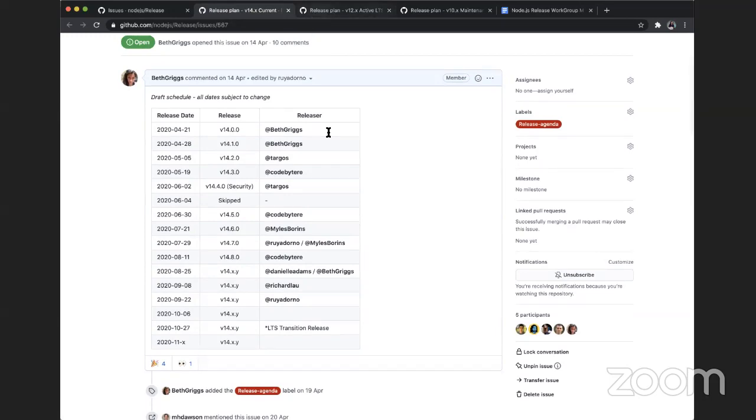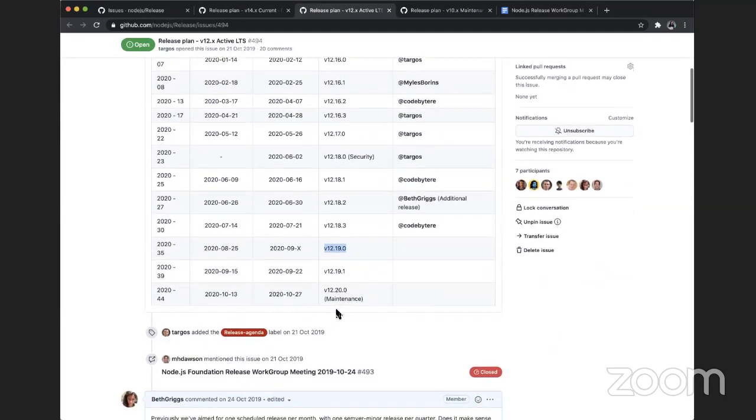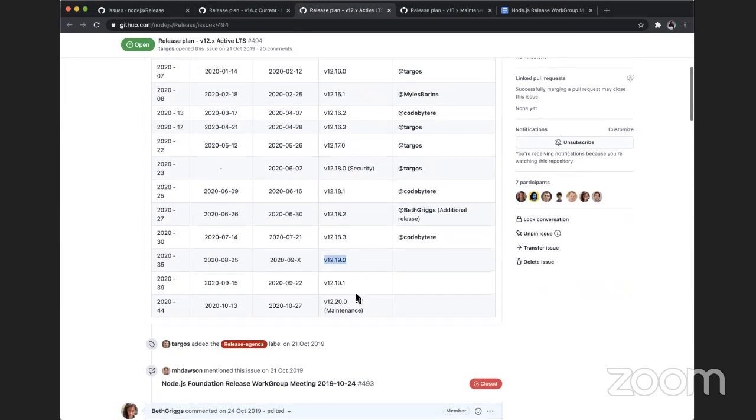Cool. For 12, I think, yeah, we're aiming for a minor before it goes into maintenance. But that's based on a release for availability. So if anyone has time, I can probably offer to pair, but probably not offer to pick up the whole release over the September time frame.